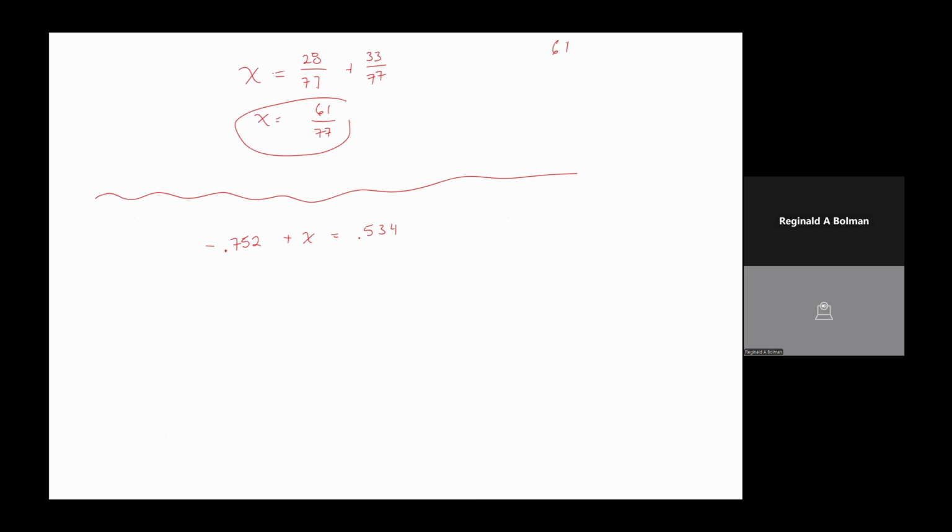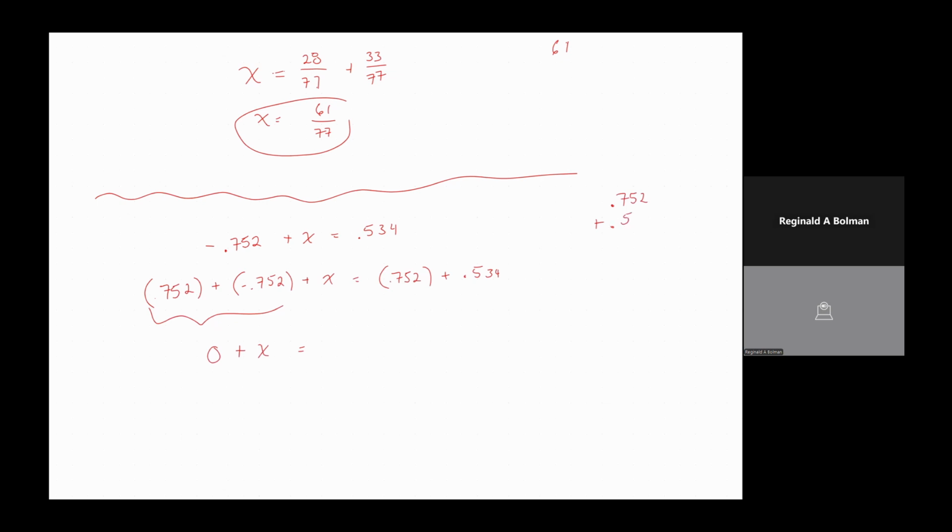I'm going to add 0.752 to both sides of our equal sign. What will happen is 0.752 plus negative 0.752, that's just going to equal 0. And then on the other side of your equal sign, you're going to have 0.752 plus 0.534.